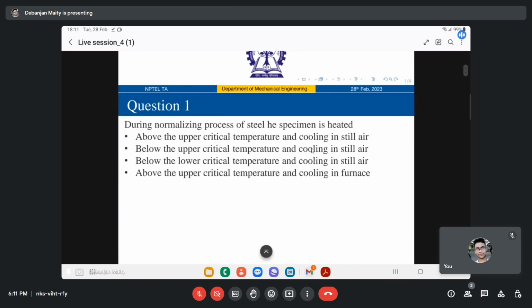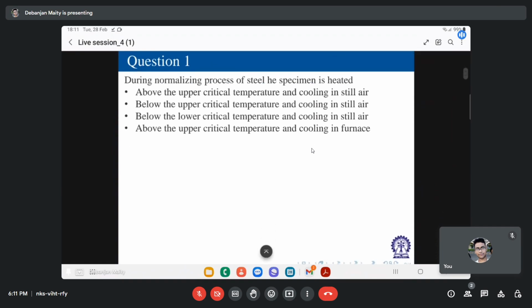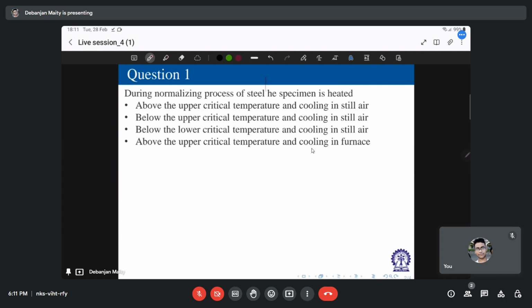If we move to the first question, it is on the normalizing process. It says that during the normalizing process of steel, the specimen is heated above the upper critical temperature and cooled in still air, or below the upper critical temperature and cooled in still air, or below the lower critical temperature and cooled in still air, or above the upper critical temperature and cooled in furnace.